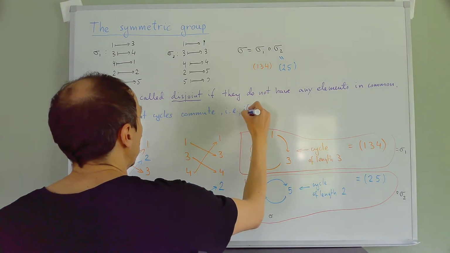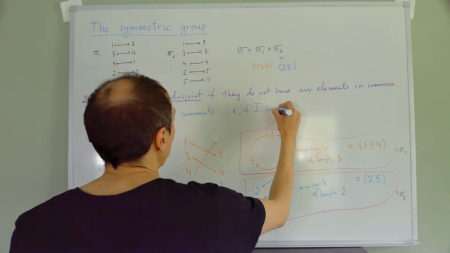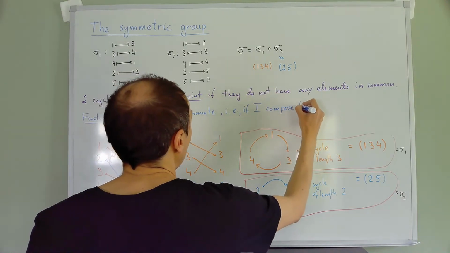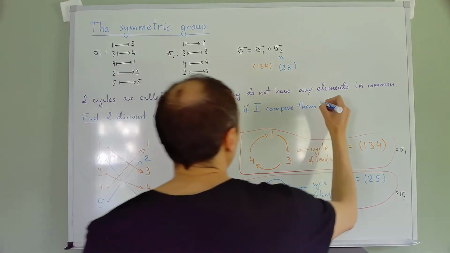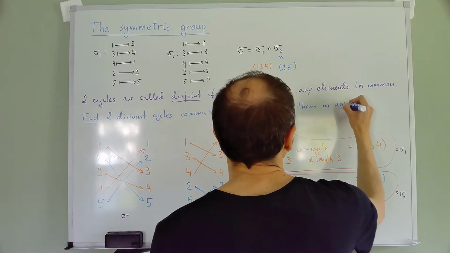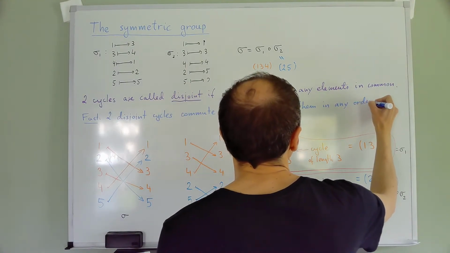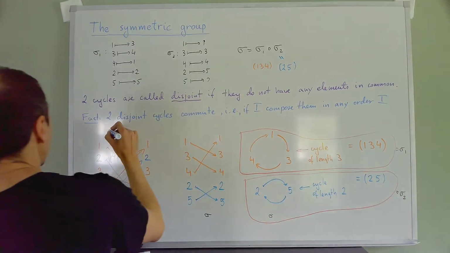I.e., if I compose them in any order, I get the same permutation.